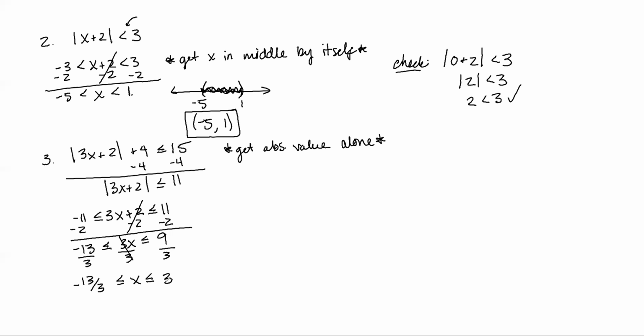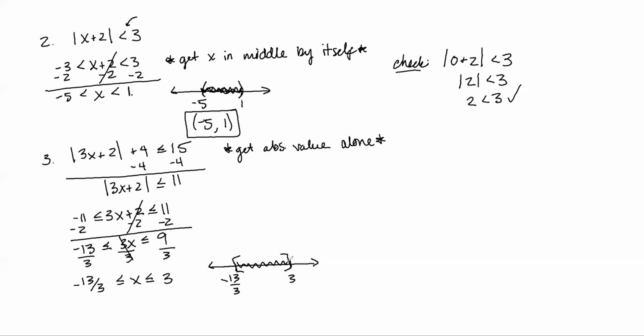Now it's solved, we can go ahead and graph this. So we have negative 13 thirds on the left, 3 on the right. And because we have a less than or equal to, we have brackets. So I'm going to have brackets and shade in between.